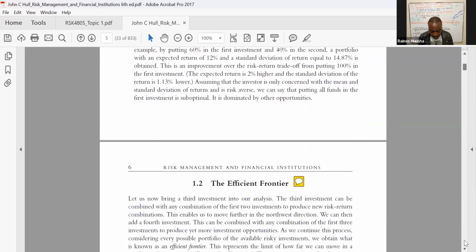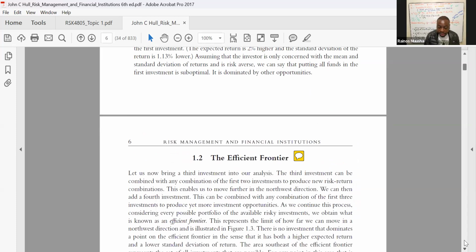So based on this analysis, we now look at the efficient frontier to say, if the investor's goal is to maximize return for a given level of risk, how do we look at and ascertain the efficient frontier?